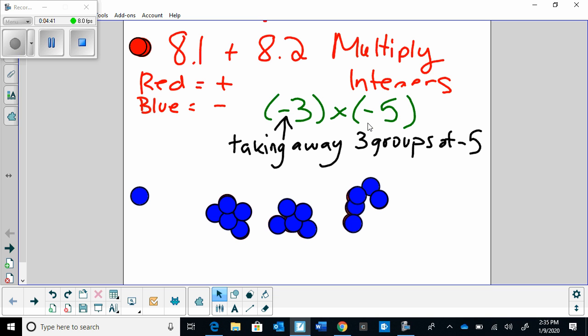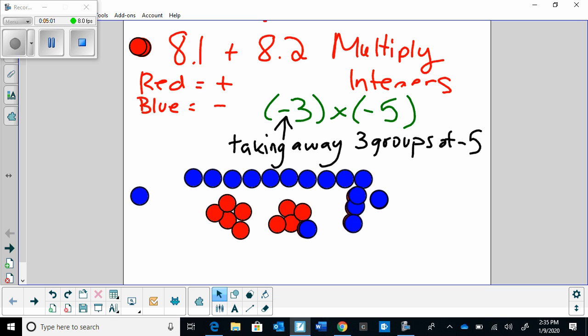So let's make 3 groups of negative 5. Well, we've made those already, so that's nice. I'm just going to line them up so it's easier for you to see.